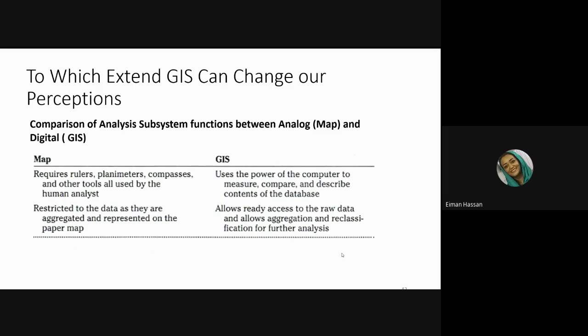You just click on anything and you get it. A paper map is restricted to the data as they are aggregated and represented on the paper, but in GIS you can access the new data and allow aggregations and reclassifications for further analysis.